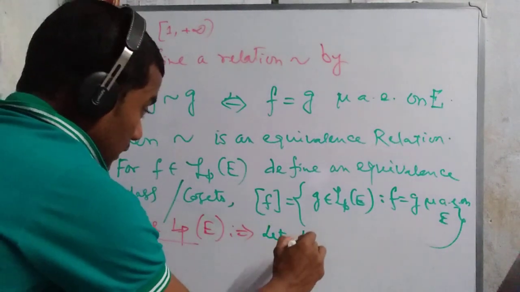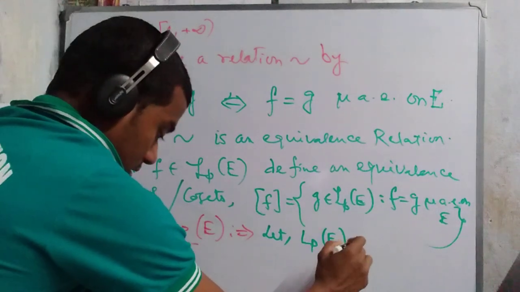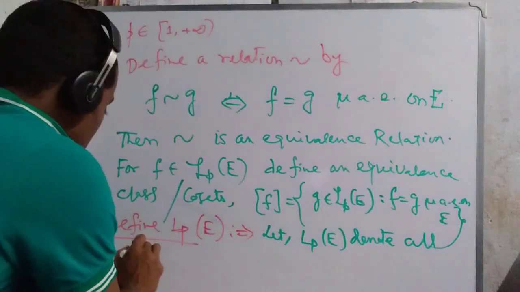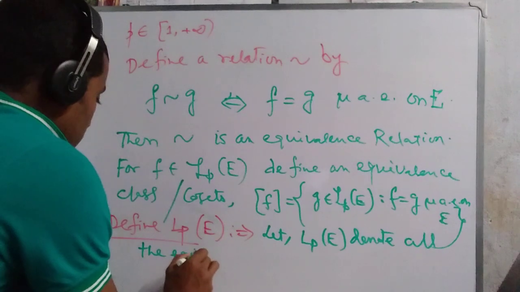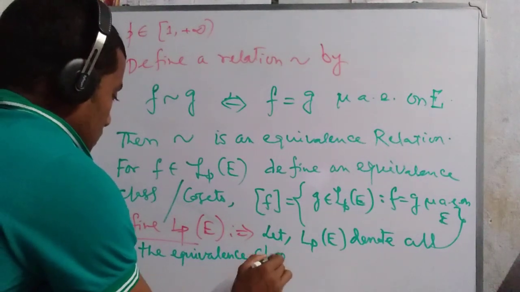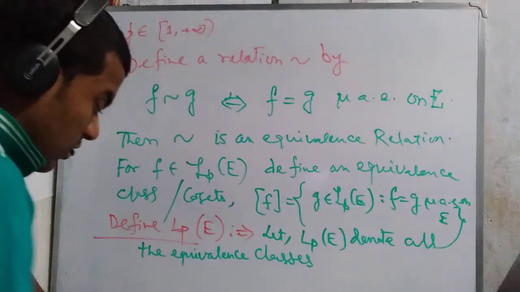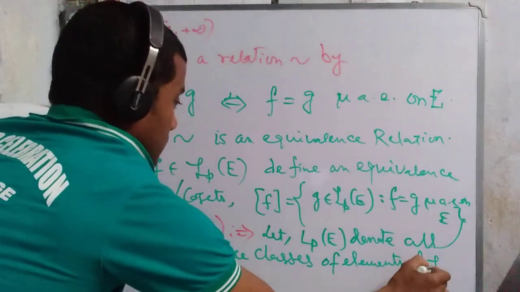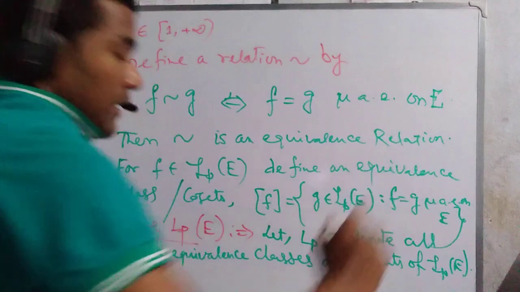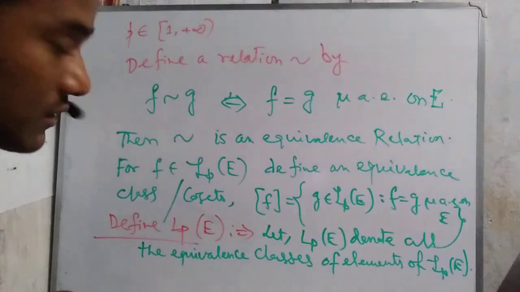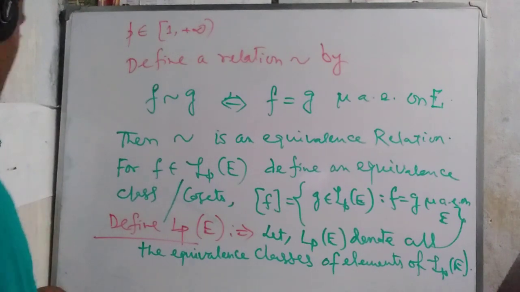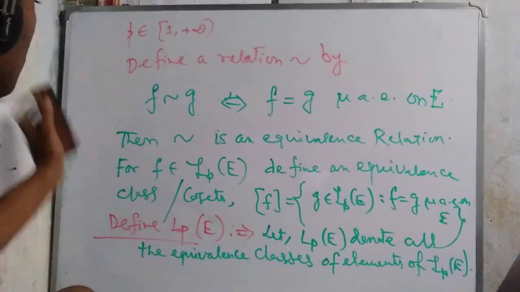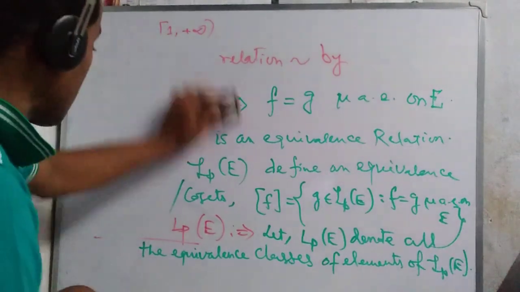Let L^p(E) denote all the equivalence classes of elements of script L^p(E). That means the set of all p-integrable functions. Okay, then L^p(E) denotes the equivalence classes of elements of script L^p(E). Now we erase that portion and go on to further discussion.